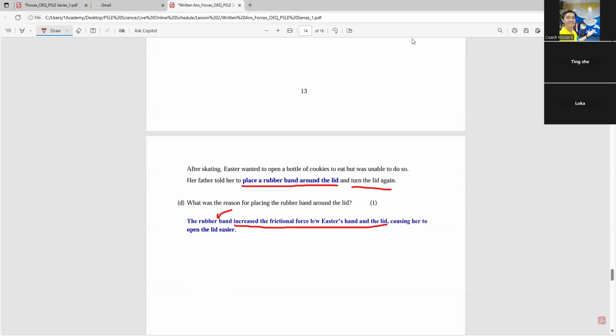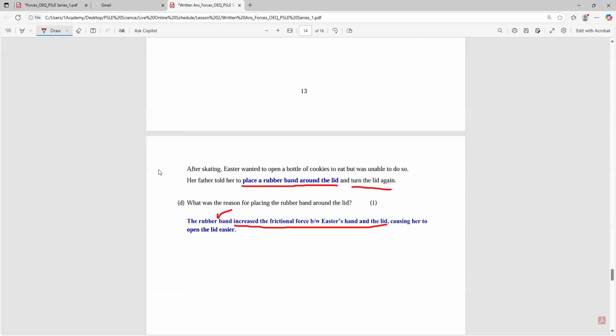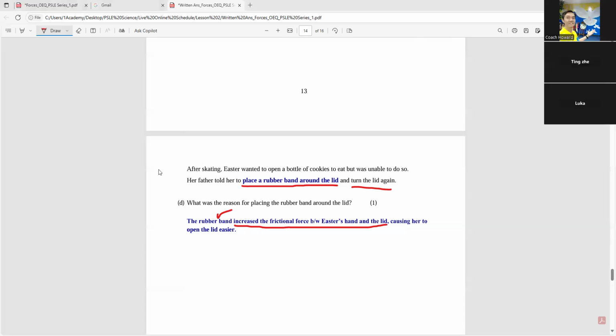This is an application question, which we can use in our daily lives. If you encounter difficulty opening a certain container, you can try this. Normally metal surfaces have lesser frictional force, so you put an additional rubber band to increase the frictional force between your hand and the metal lid. So these are the questions, and I'll pause recording.